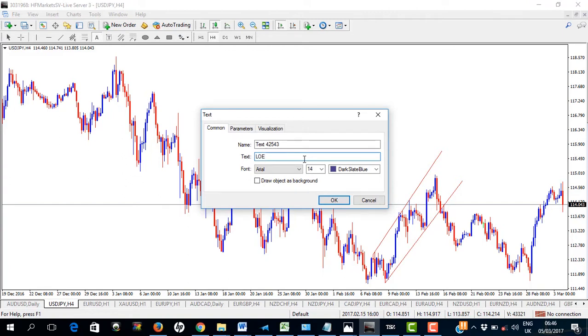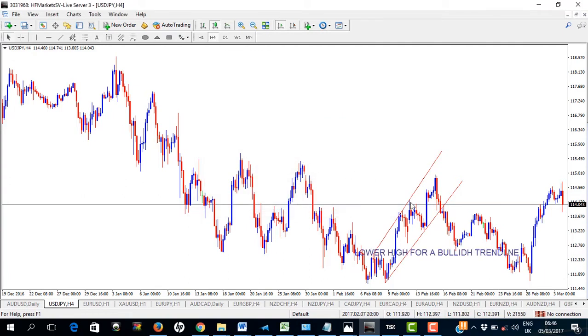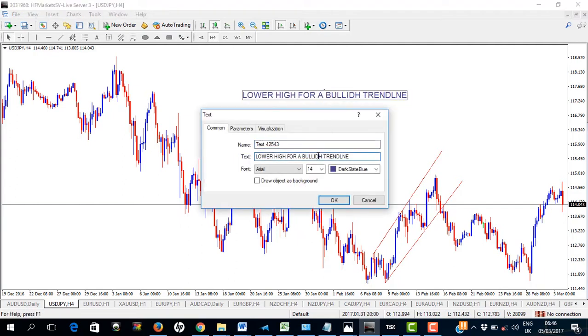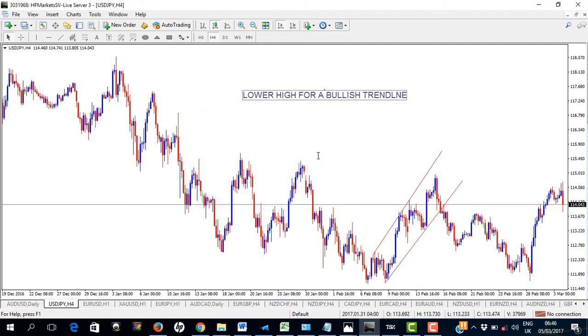Price must print a lower high for a bullish trend line.